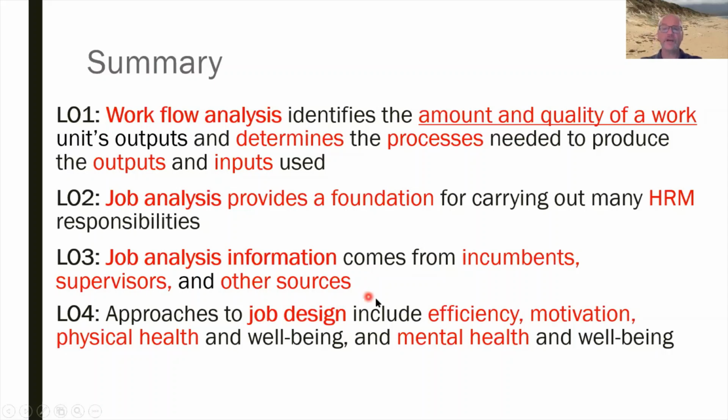And finally, you have approaches to job design. There were 3 basic categories. You could design for efficiency, like, for example, making 3,000 automobiles on an assembly line is a very efficient way to do it. You could design a job for motivation, so you can add things, and those things were things like autonomy, variety, task identity, feedback, and task significance.